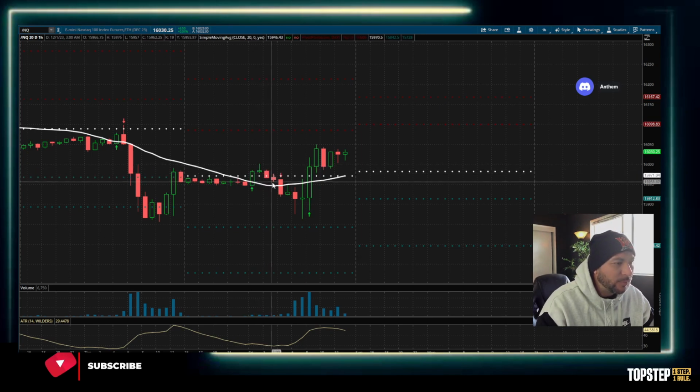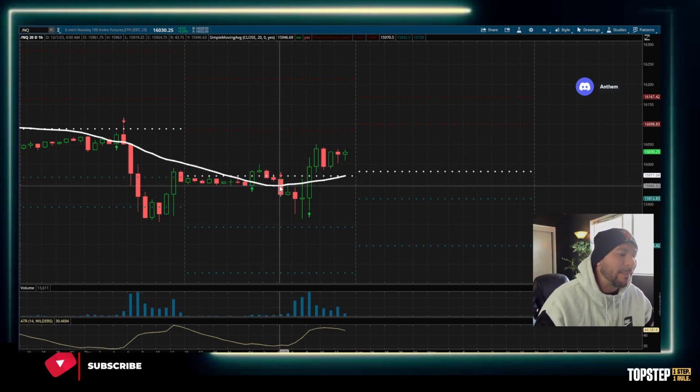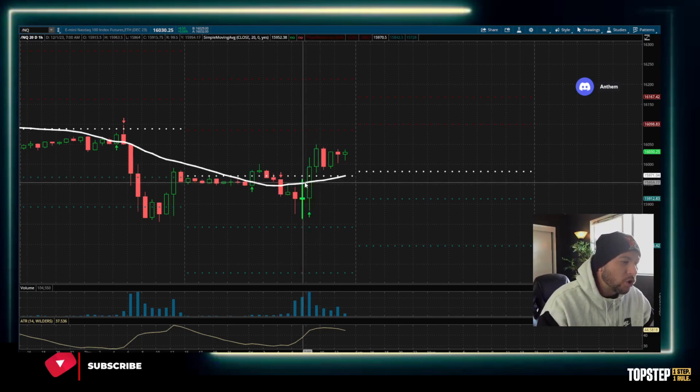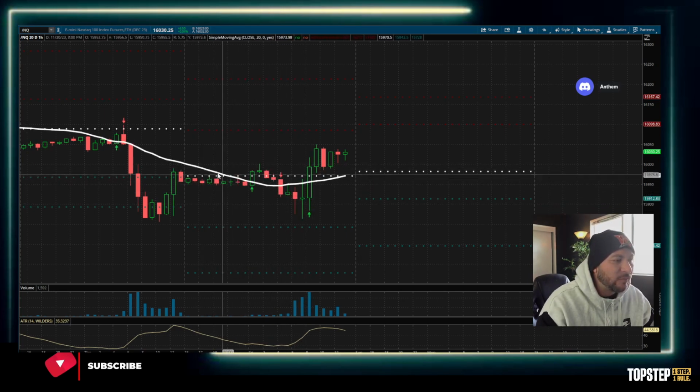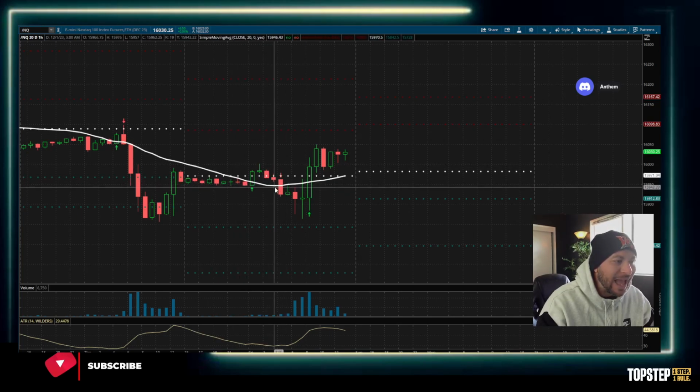Then we have a little bit of a pullback and we close back below that 20 period moving average. However, our 20 period moving average here is not necessarily going down anymore. It has shifted from going down to flat and almost rising.